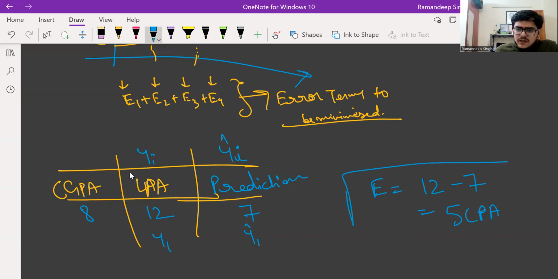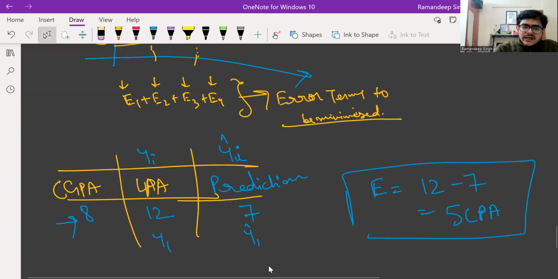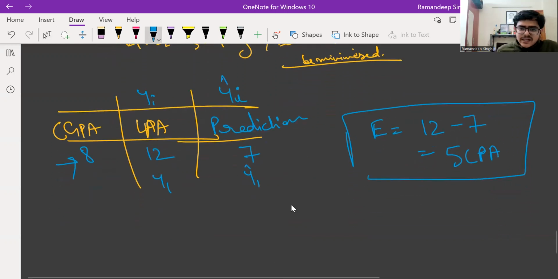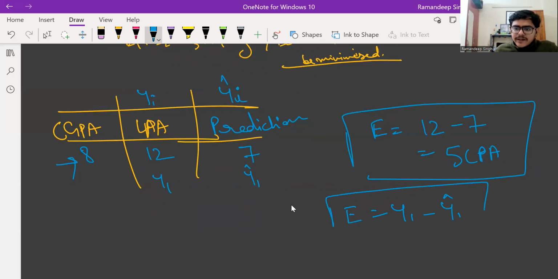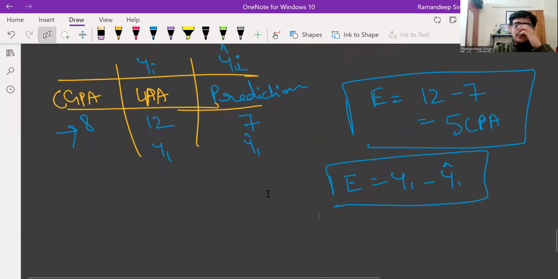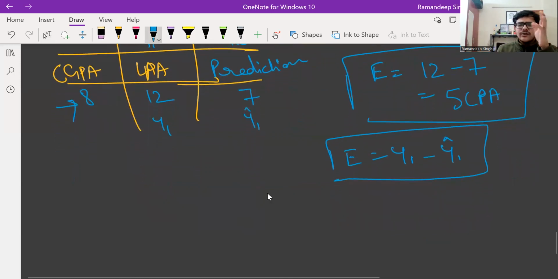Okay, this is my error for this term, and in general I can represent the error of this point as y1 minus y1 hat. Am I right? So the sum of my errors: I don't have a single data point, I have multiple data points, each with the actual value and the prediction for it.